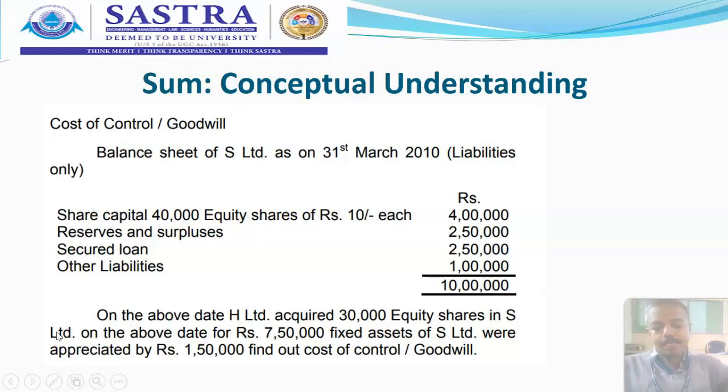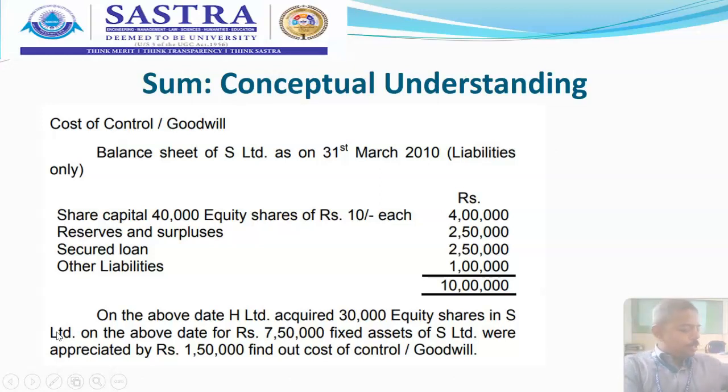You paid more than the net asset value, and goodwill comes around 2 lakhs. Now if you adjust with the existing capital reserve, the capital reserve gets eroded, because 2 lakhs you have paid for goodwill. Capital reserve gets eroded by 1 lakh. The remaining 1 lakh you can post on the asset side of the balance sheet. It is goodwill.